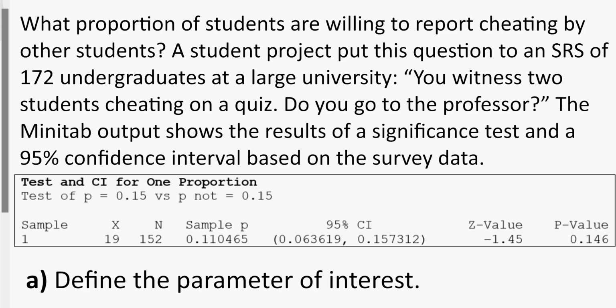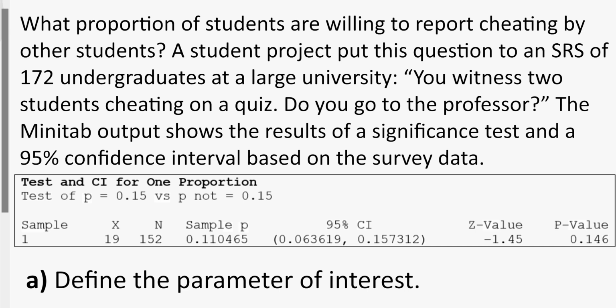We've done it with linear regression. We've looked at computer printouts from computer programs that do statistical analysis, but this is what it kind of looks like for the other ones with inferencing, and it kind of shows both things. So my example says, what proportion of students are willing to report cheating by other students?